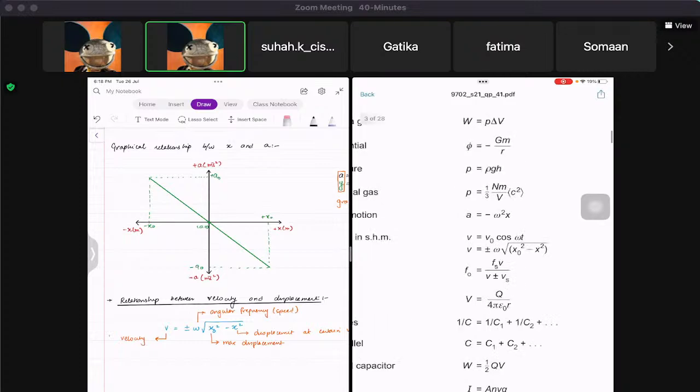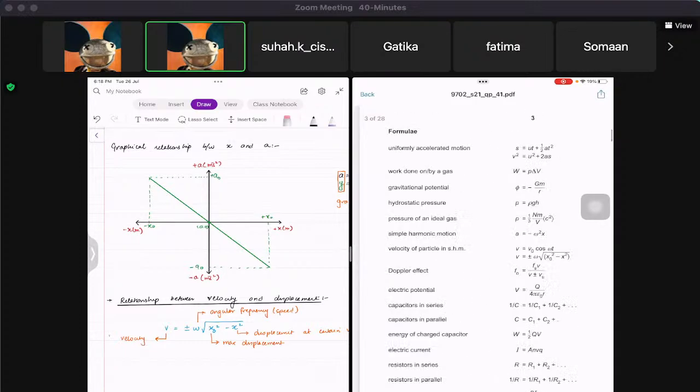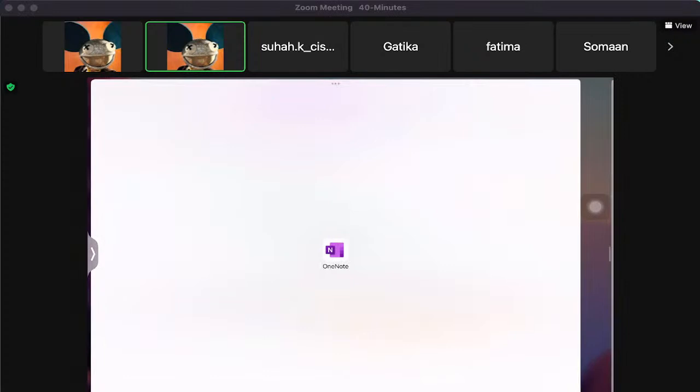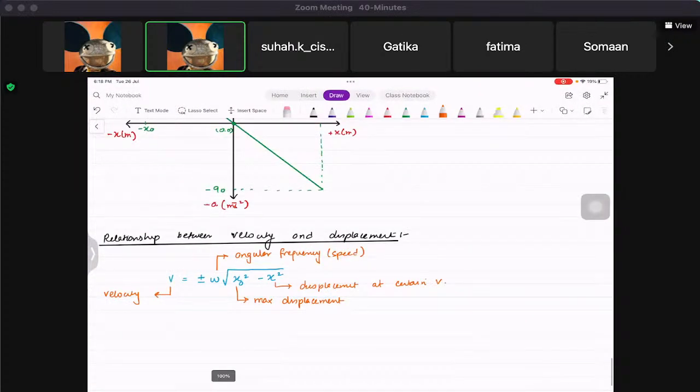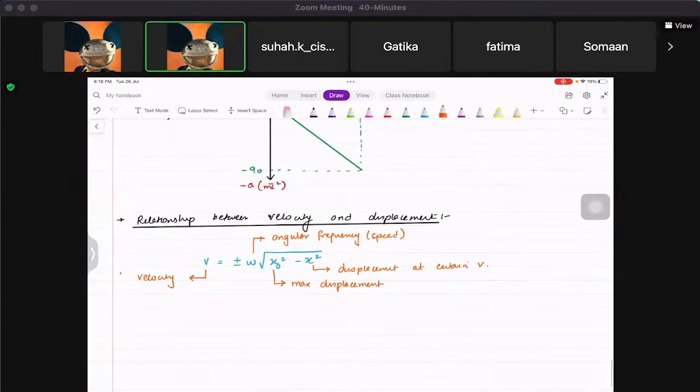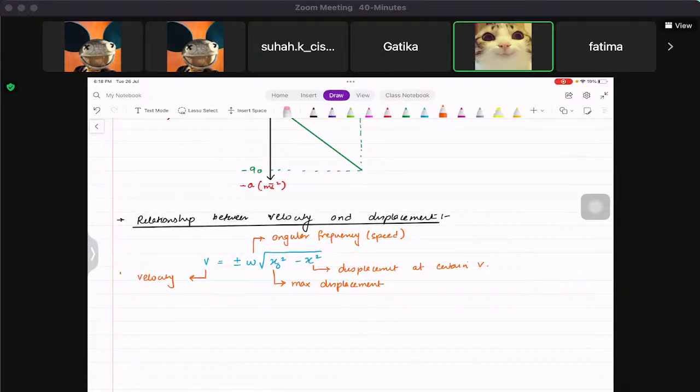So you don't need to even remember this, but it's good to remember. I mean, nothing harms you there. Now, yes, x squared is displacement at what? At a certain velocity. Okay, it could be any velocity.